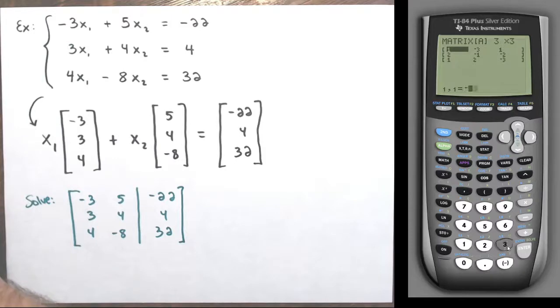First row, -3, 5, -22. And then second row, 3, 4, 4. Third row, 4, -8, and 32. Okay.